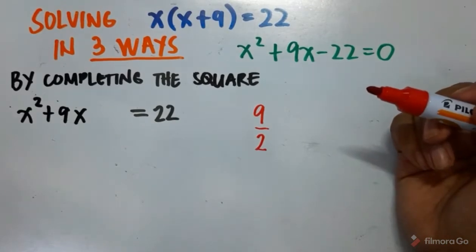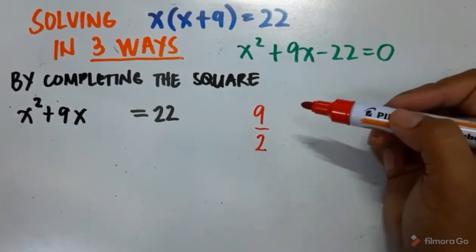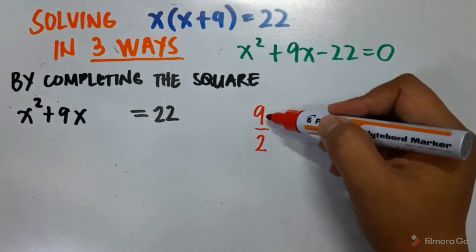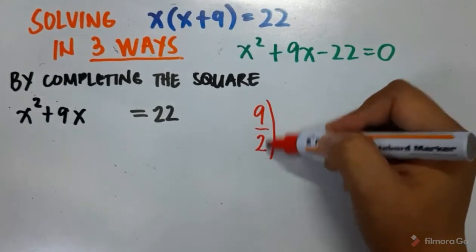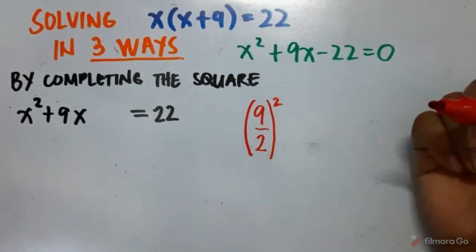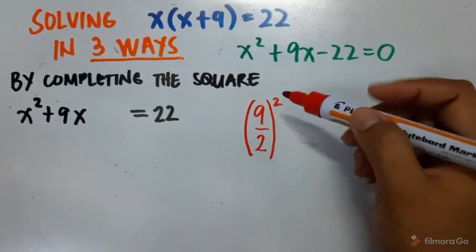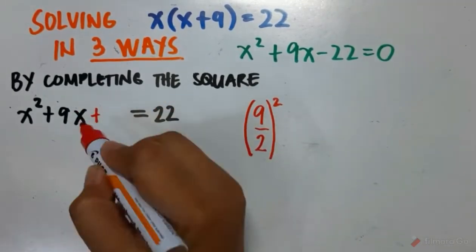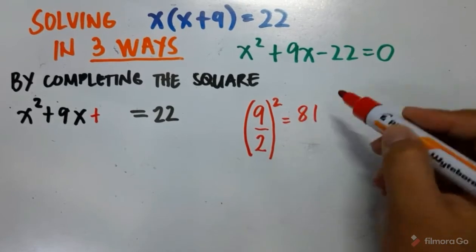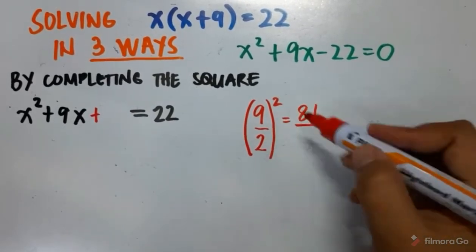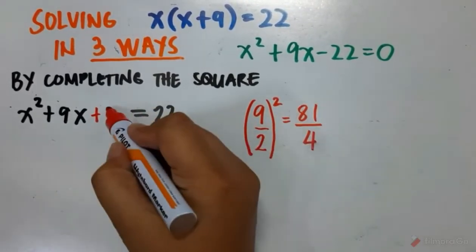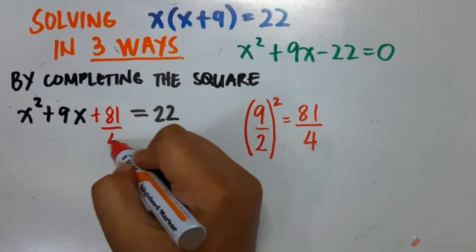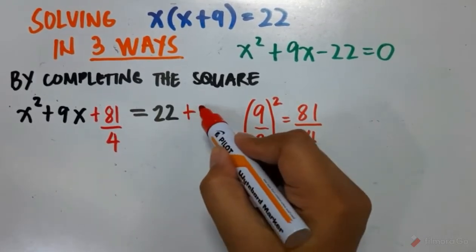Since this is not an exact value, let's just solve as it is. Then we square this. So 9 squared is equal to 81 over 2 squared is equal to 4. Then we write 81 over 4 on both sides of the equation.